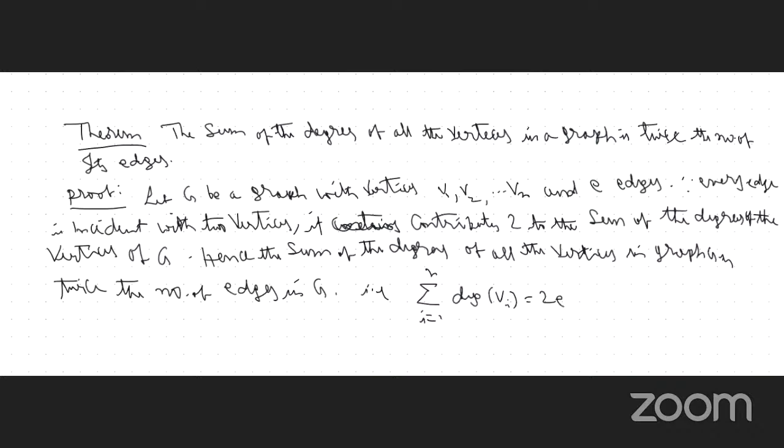The result is known as the first theorem of graph theory, and is often called the handshaking lemma. Often means frequently.